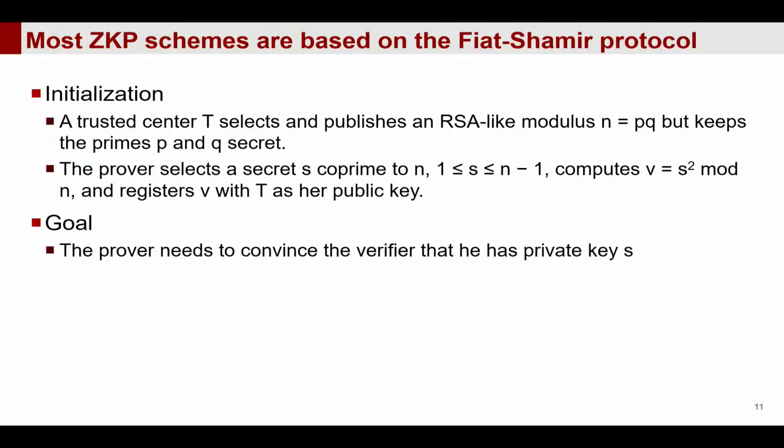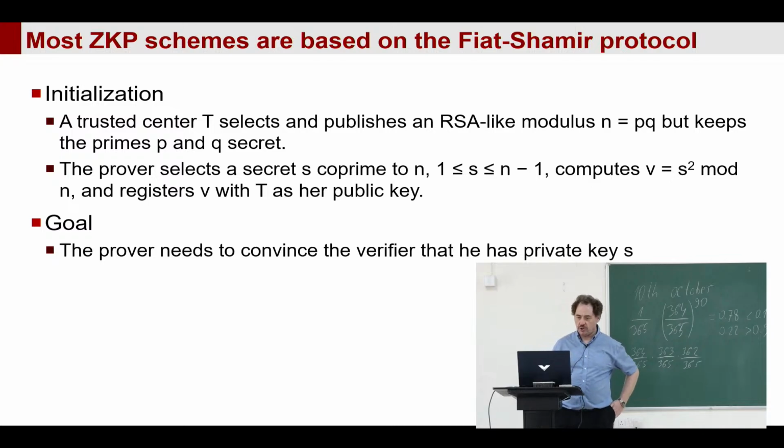In practice, those are just some examples, but most zero-knowledge proof schemes are based on the Fiat-Shamir protocol. How does the Fiat-Shamir protocol work? There is an initialization; it's yet another proof system. We have some trusted center, a trusted authority, which selects and publishes n equal to the product of two prime numbers, p and q.